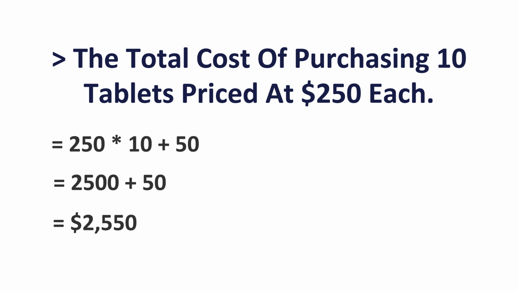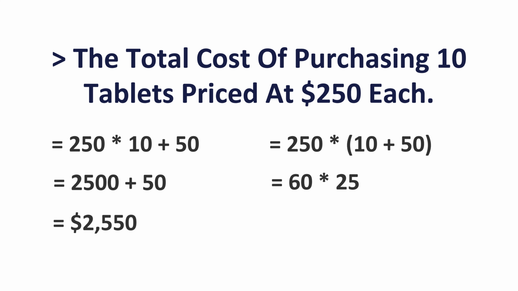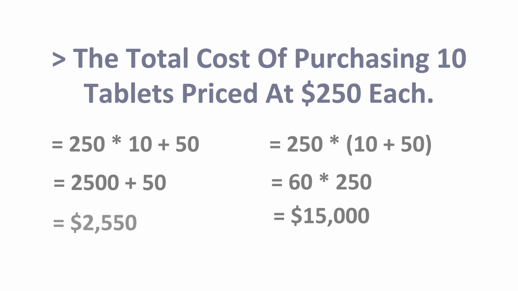Conversely, if we enter =250*(10+50), Excel will first add 10 and 50 due to the parentheses, then multiply the tablet price by the sum, 60. Now the result is $15,000.